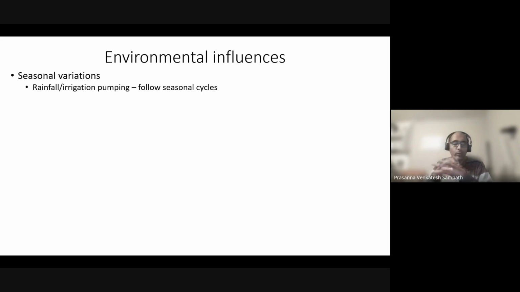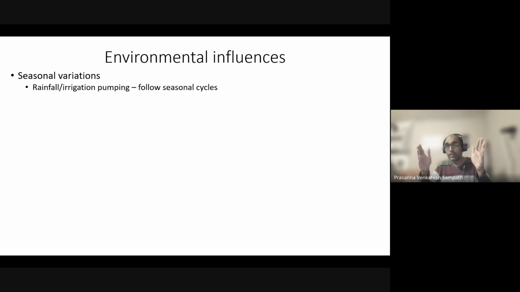So, for example, if you look at India, depending on which part of India you're in, from around end of May, early June, up to September or October is when you receive the predominant rainfall across the whole of India, between end of May to mid of October or so.